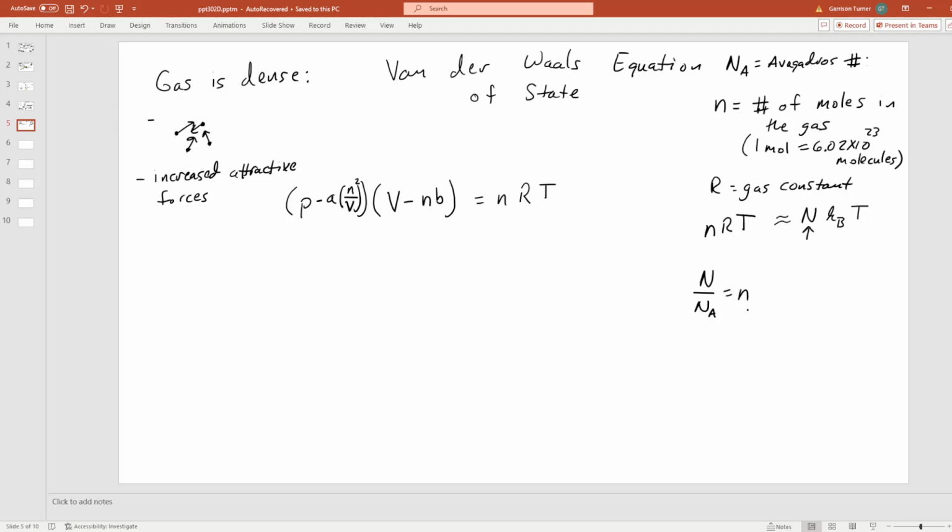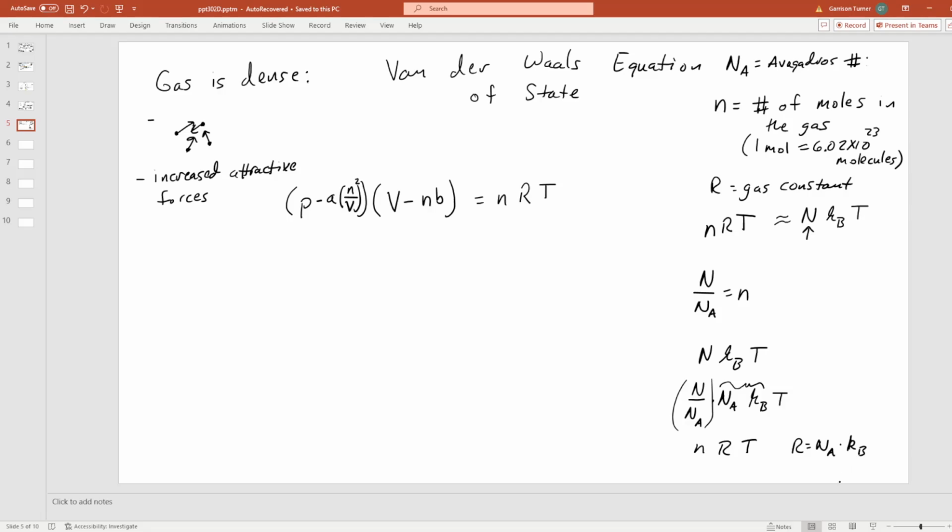Okay? So what this means is that if I have N k_B T and I multiply by 1 in the form of N_A over N_A, then this becomes lowercase n, N_A times k_B becomes R, and T stays T. Okay, so your gas constant R is equal to Avogadro's number times Boltzmann's constant.